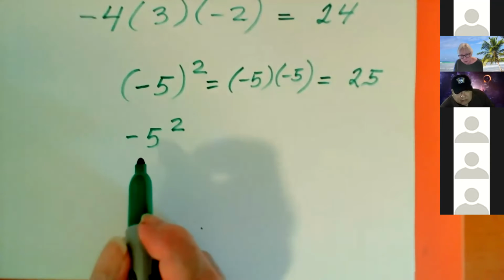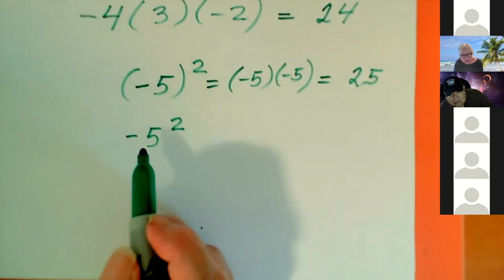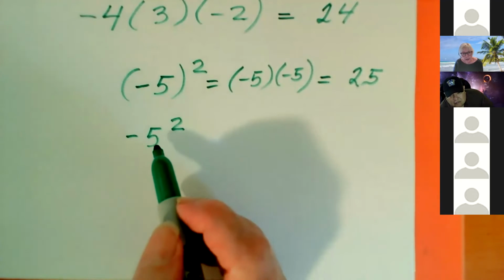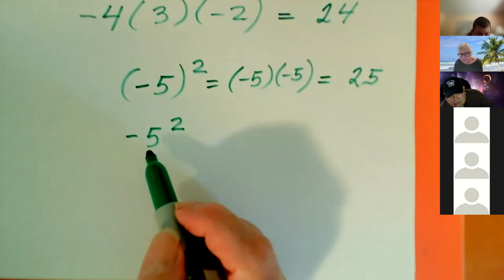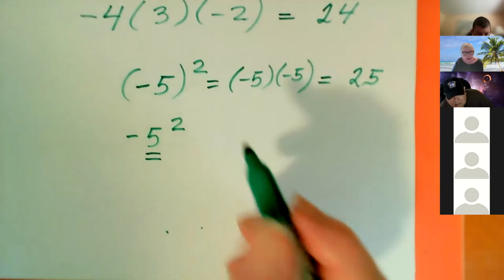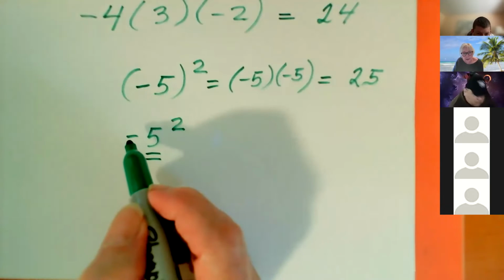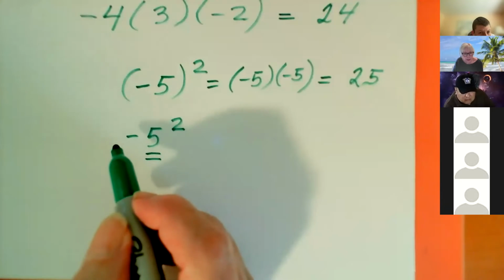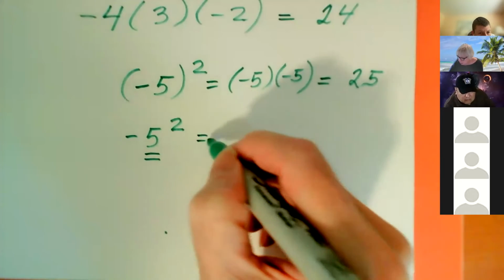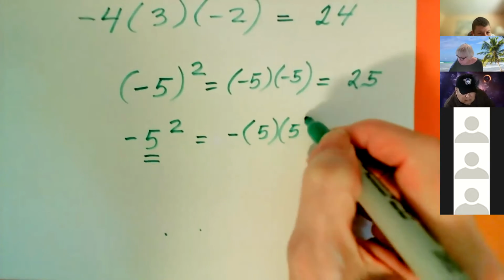And then we look at this one. Without the parentheses, the only thing that's getting squared is the 5. The 5 is the base. The 2 is the exponent. And this is basically a subtract, or like a -1. So literally what it turns out to be is -5 times 5.